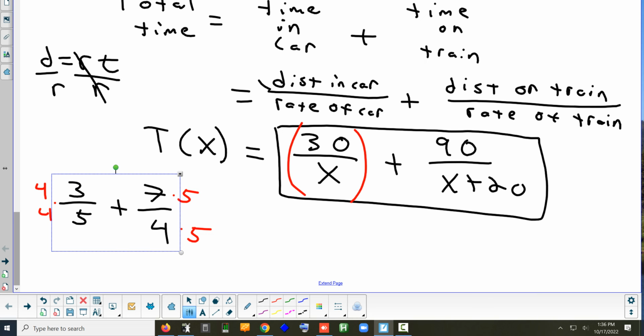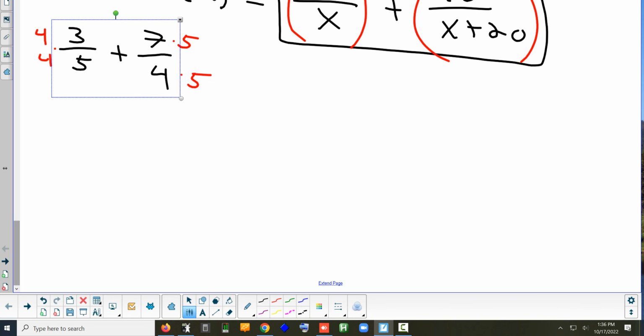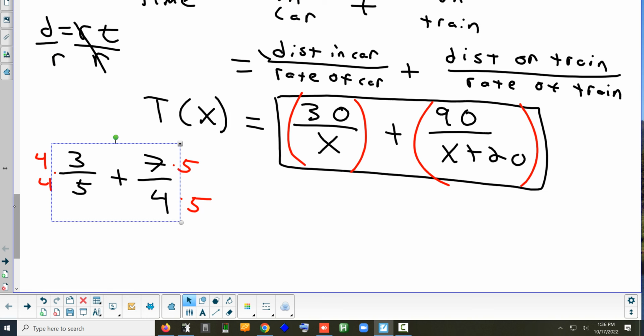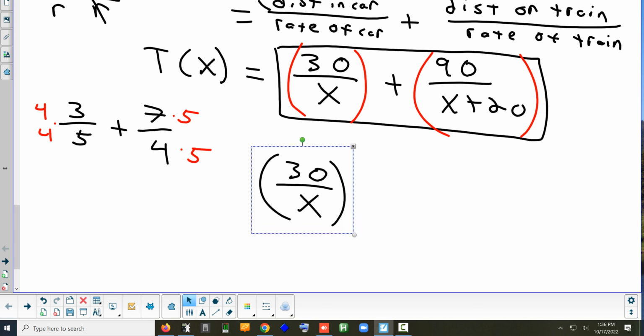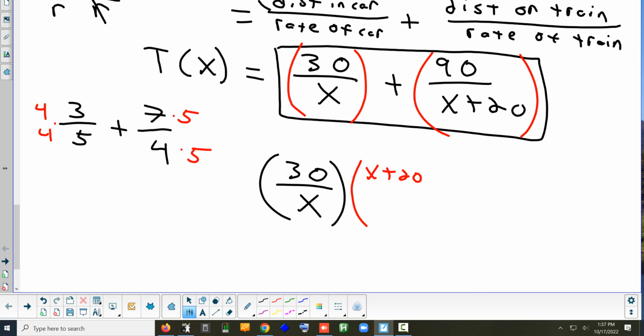All right. Let's write that down and see what we get when we combine it. What would we multiply the top and the bottom by of this fraction? X plus 20. That's the other denominator. All right, so there's the first one. And the second one, 90 over x plus 20.